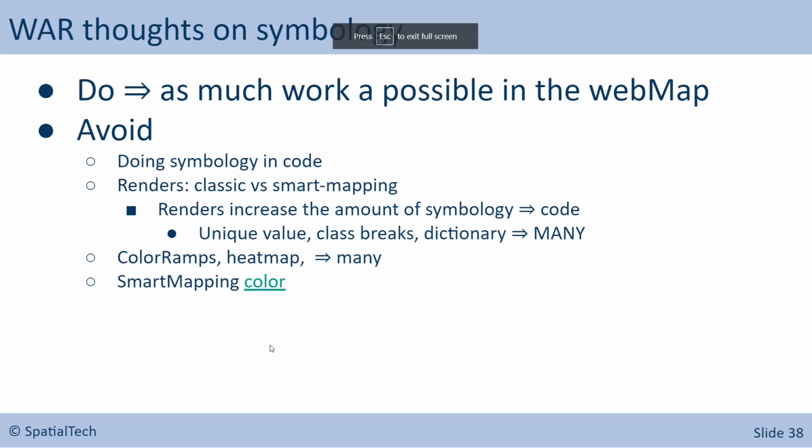Get all that worked out in the web map as much as possible. You have time to sit there and do different color schemes interactively as you're doing your map, save your map, and get it set up the way you want. Doing this in code means rewriting a whole bunch of code because you didn't like the colors. And if you're not in a good editor, you can't even see what the color is.